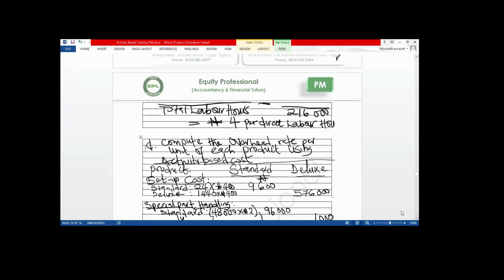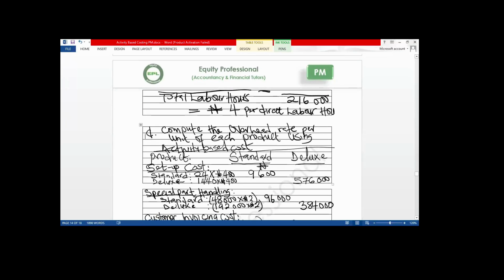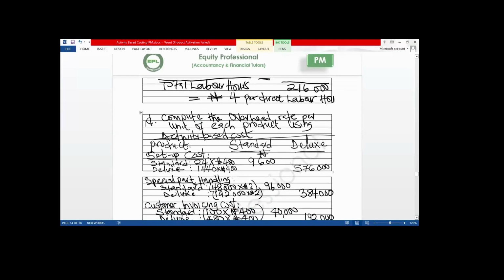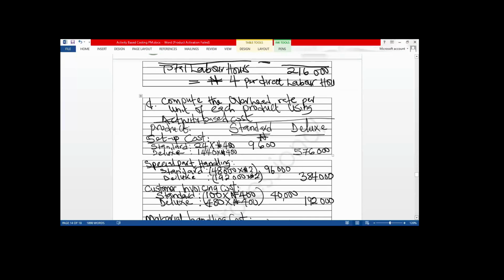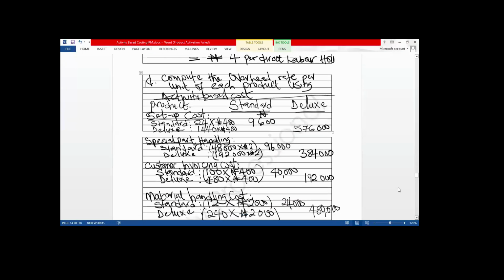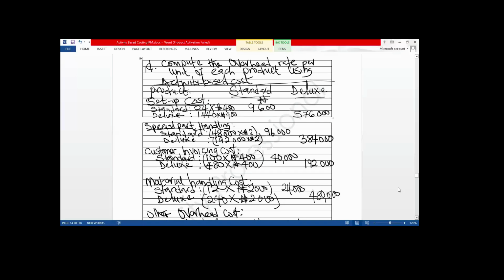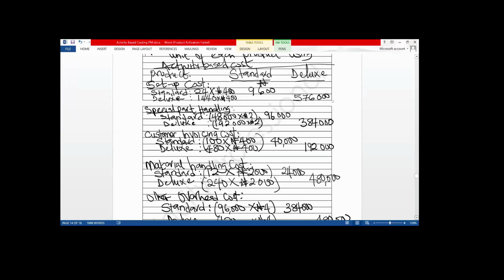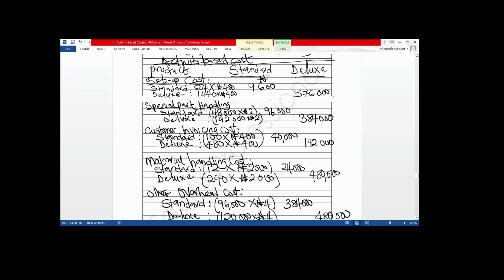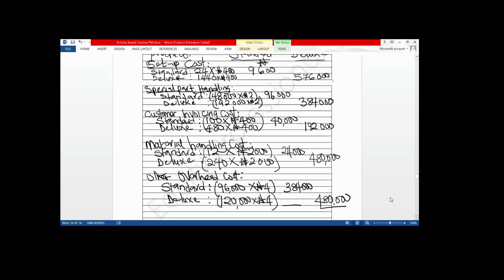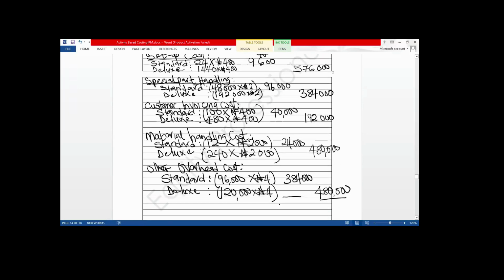Let me take it off small so that everybody can see the total. Total for standard, 553,600. Total for dealers.